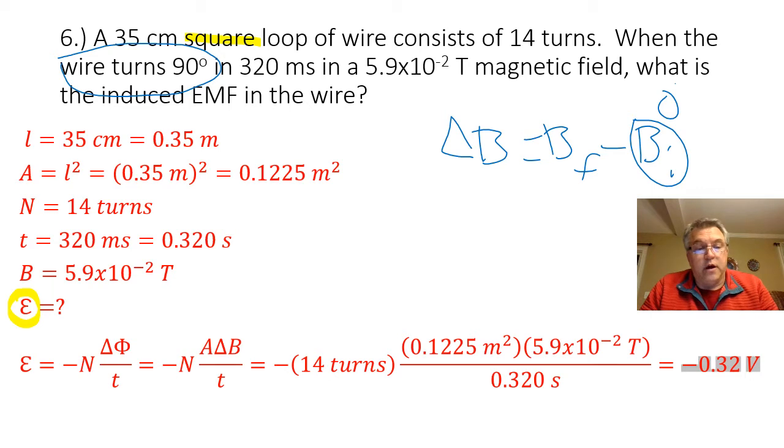Faraday's law is epsilon equals negative N times delta phi divided by t. And I know that phi is equal to the area times the magnetic field. So I can replace that for phi in the equation and get negative N times the area times the change in the magnetic field divided by the time.